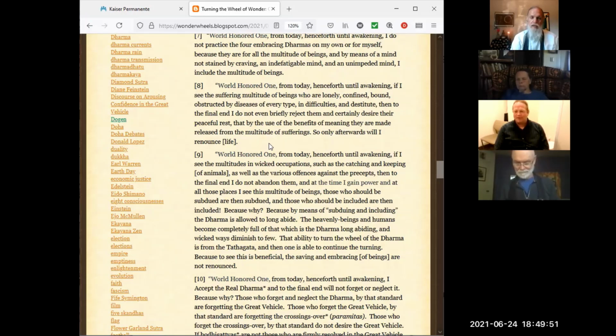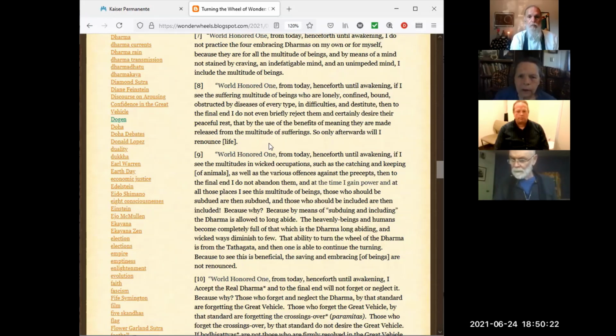No, yeah, it's basically talking about the first noble truth, suffering, and that the bodhisattva vows to attend to the needs and the distresses and the sufferings of beings until all beings are relieved, released, liberated, freed from dukkha.